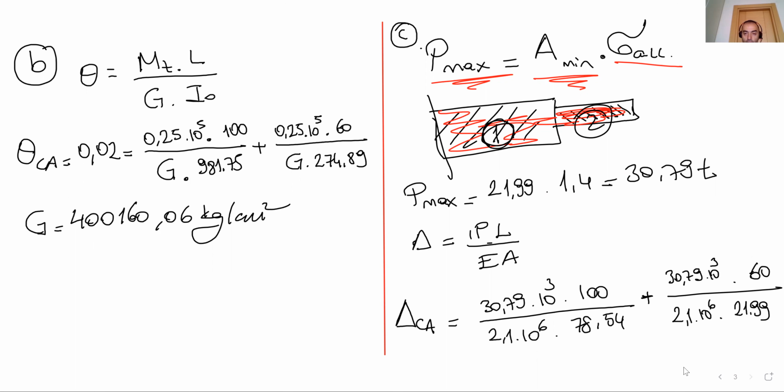So for each portion, solid and hollow section parts, we write the elongation equation, and then if we calculate this, delta CA is 0.059 centimeter. This is the result.